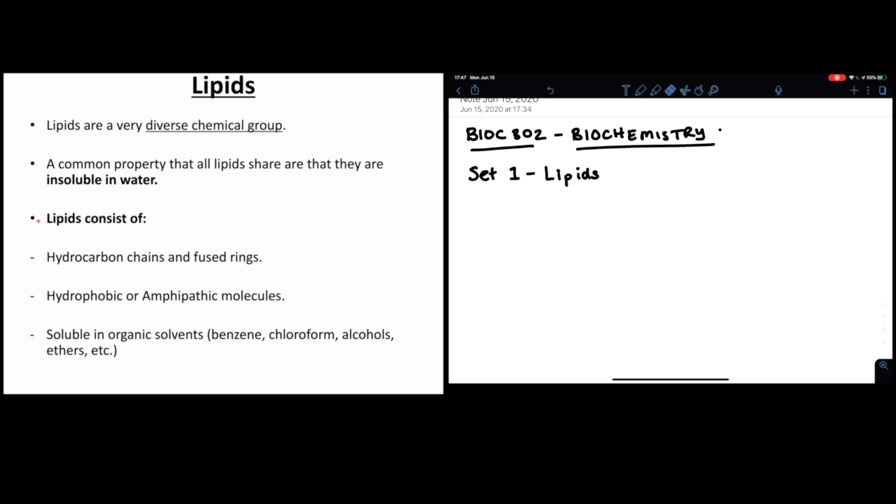Lipids consist of hydrocarbon chains and fused rings, and they can consist of completely hydrophobic molecules, or they can be amphipathic. Amphipathic means that the molecule has a nonpolar and polar end. So we'll just write that down here in the notes.